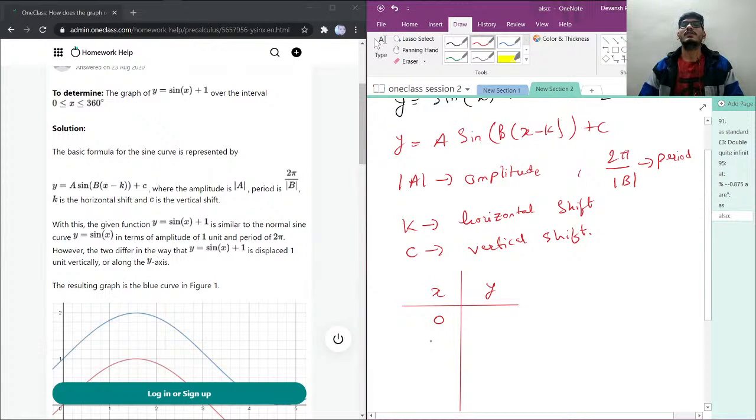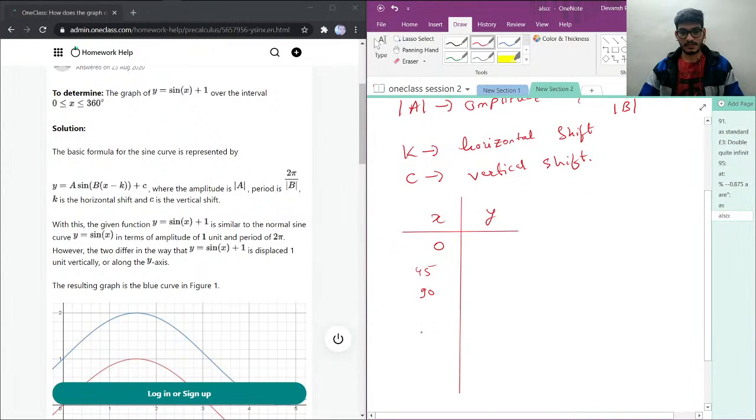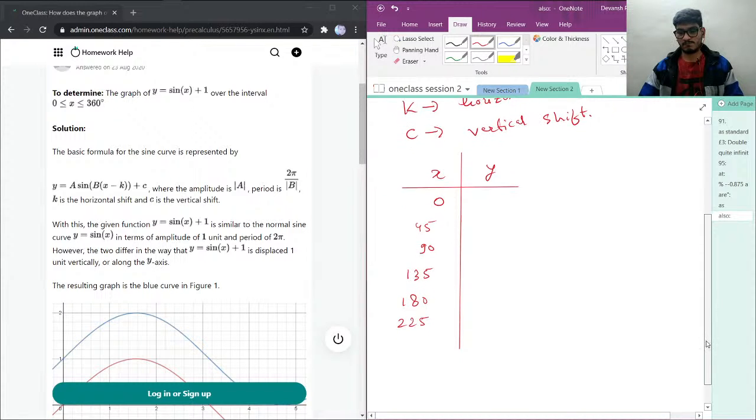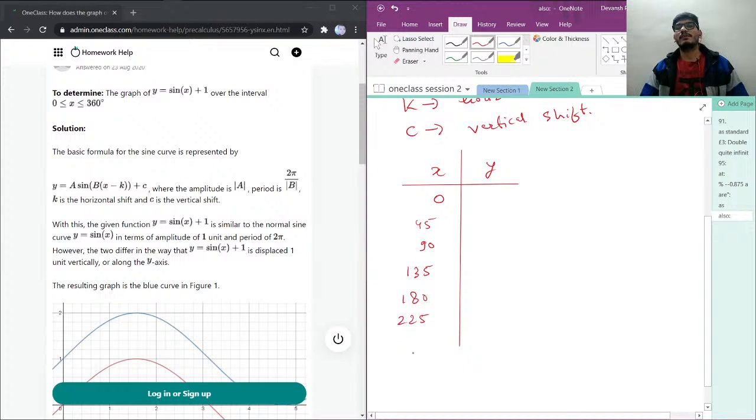Let's go for 0, then 45, then 90, then 135, then 180, and then 225, then 270, then 315 because 270 plus 45 is 315, and we have 360 finally.